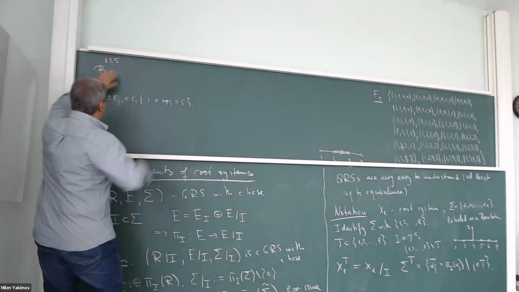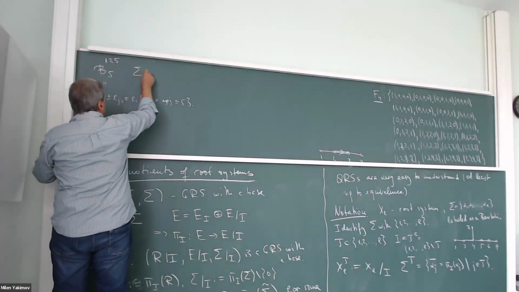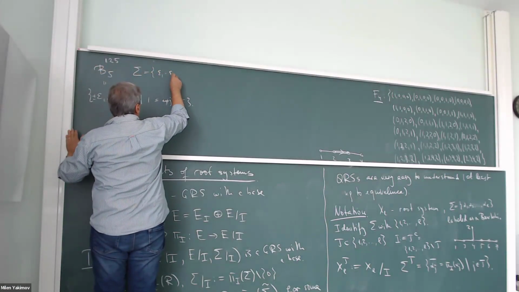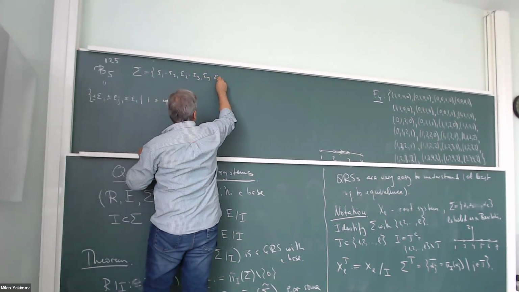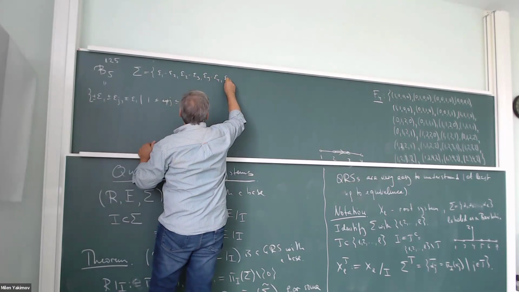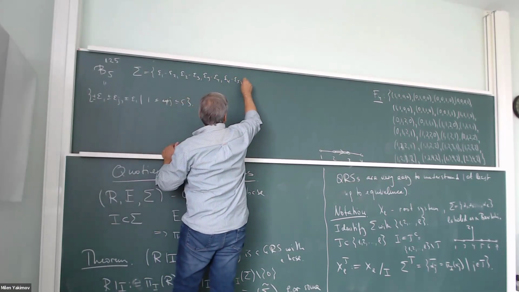Now, if I take sigma here, it is epsilon 1 minus epsilon 2, epsilon 2 minus epsilon 3, epsilon 3 minus epsilon 4, epsilon 4 minus epsilon 5, epsilon 5.